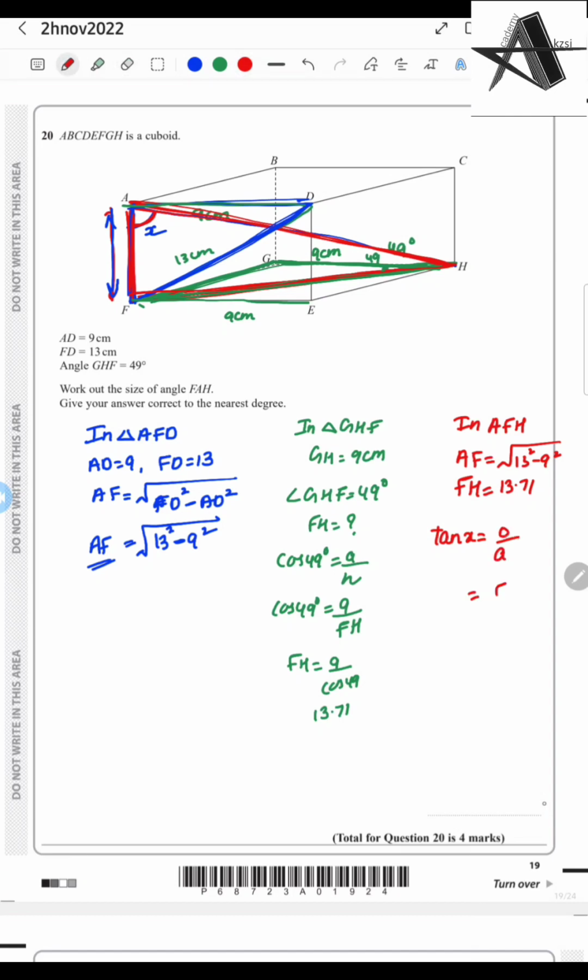So opposite is FH and adjacent is AF. FH is 13.7 and AF is root of 13 squared minus 9 squared. Then taking the inverse of it, x will be tan inverse of 13.71 over root of 13 squared minus 9 squared, which ultimately gives you the answer as 55.63. So to the nearest degree it is going to be 56.